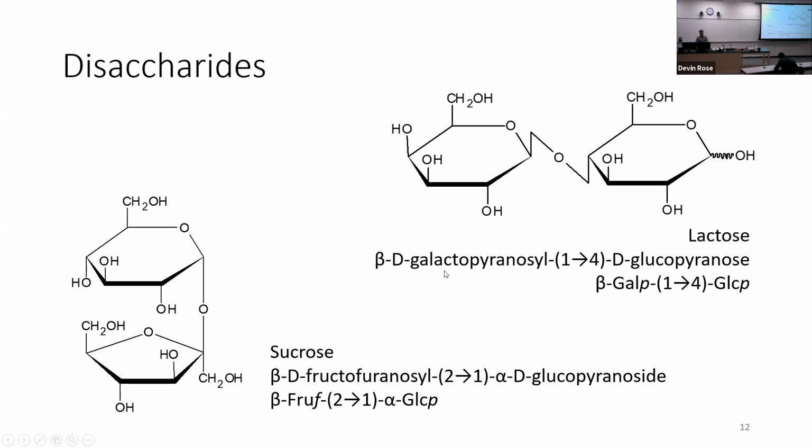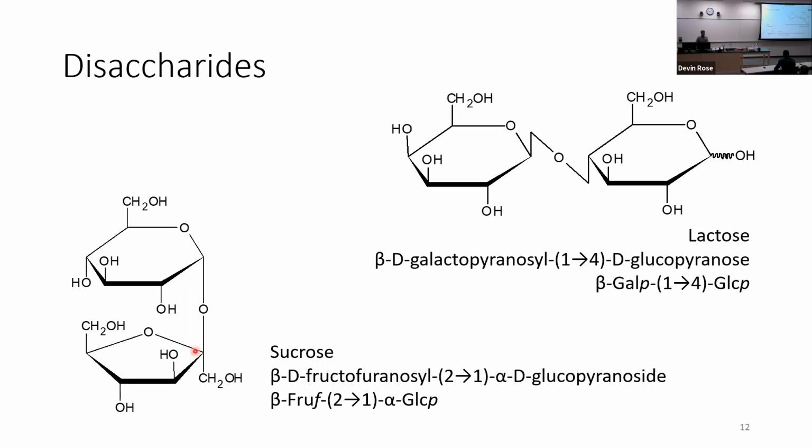So here is the name of lactose. You name these by starting at the non-reducing end, the sugar that can't open up anymore. So this is galactose. Galactose, remember, is the C4 epimer of glucose, so it differs only at carbon 4, which is this one right here.